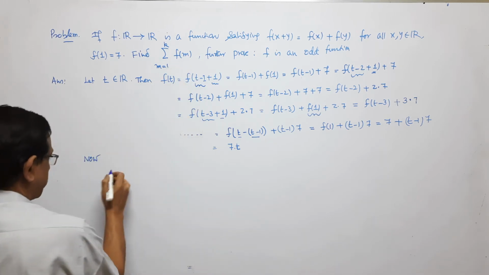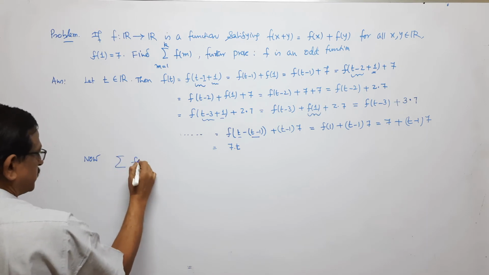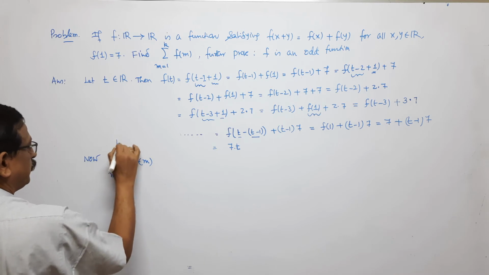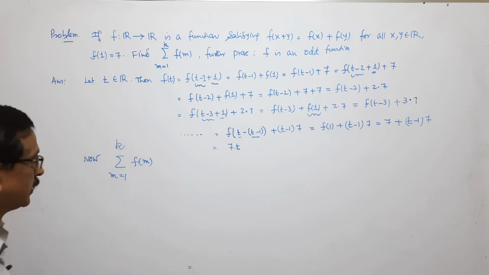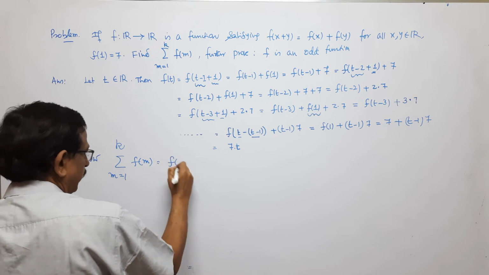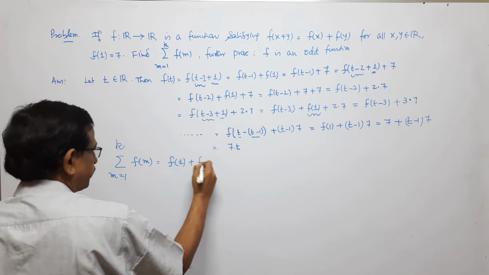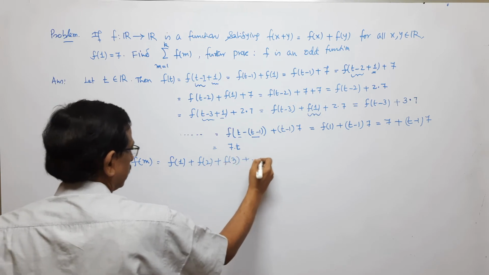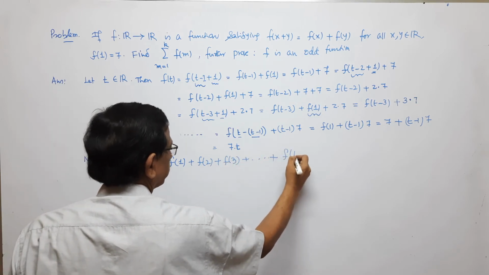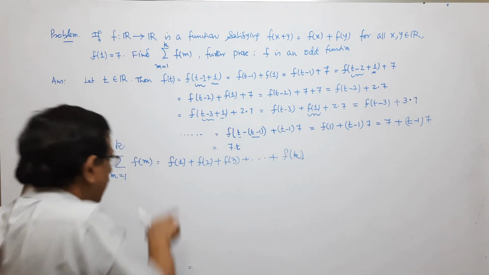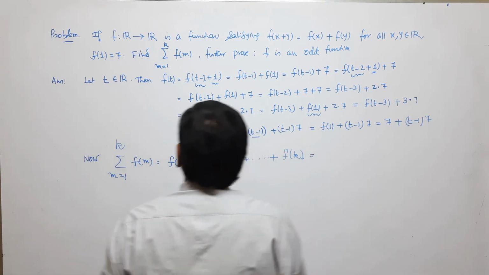Now I have to write down the summation. Summation of fm, m runs from 1 to k, is equal to f1 plus f2 plus f3 plus ... plus fk. Now f1, what is f1?